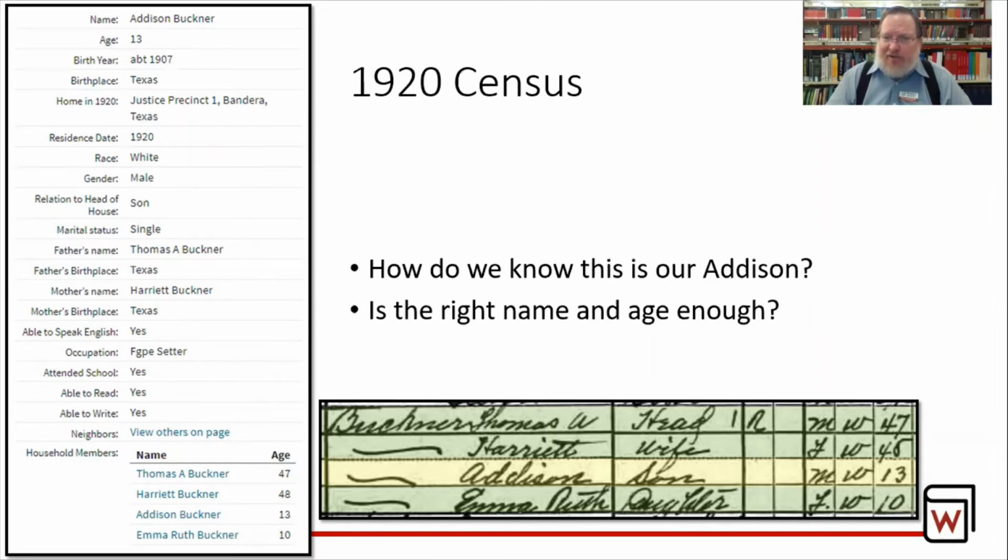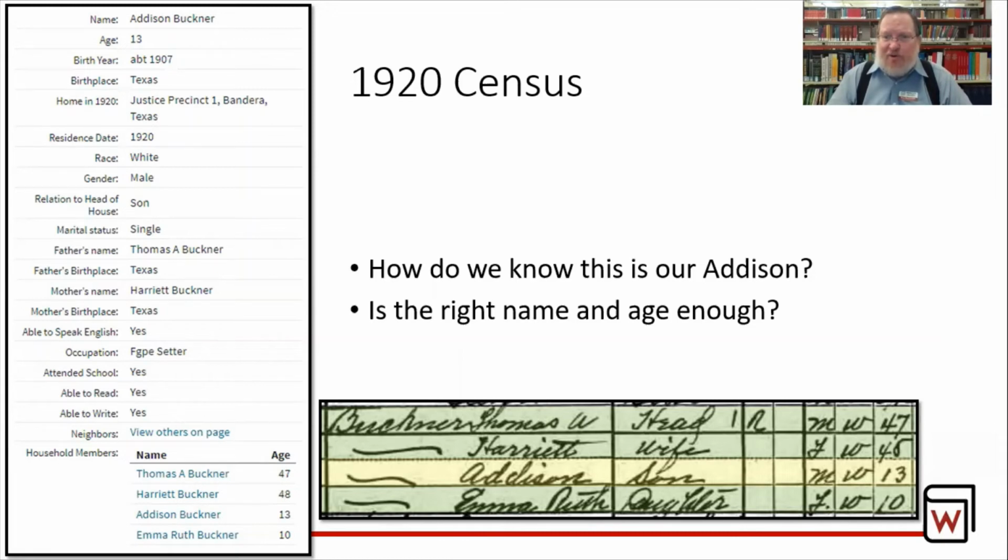Is the right name and the right age enough to say that you've got the right person? Now, you have to ask yourself these questions because there are multiple people with the same name in this world living in the same time. We've even had people with the same spouse's names and the kids roughly the same names because it's generational. They name those children. So you have to be careful.